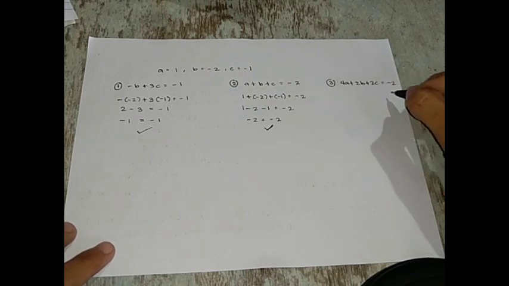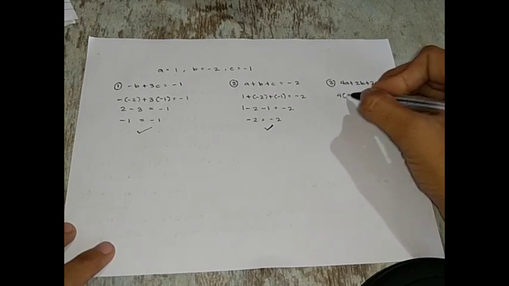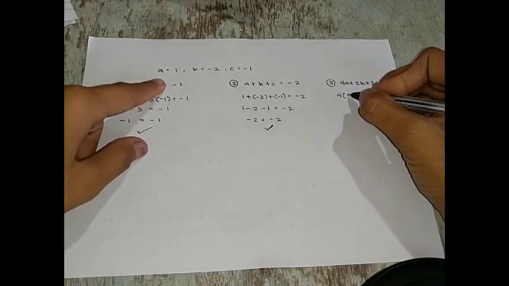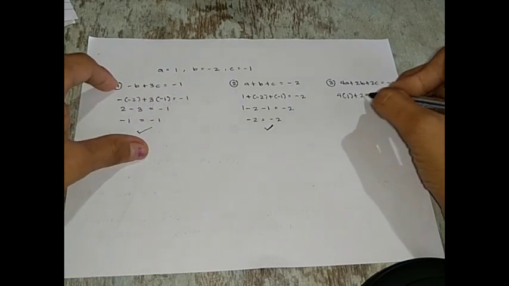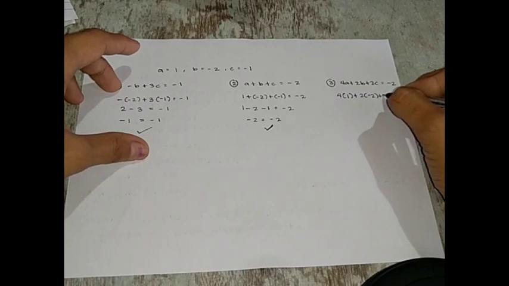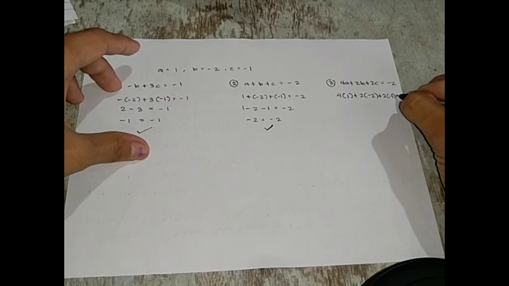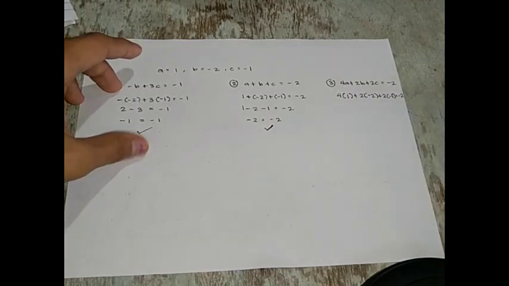The third equation from the third component is 4A plus 2B plus 2C is equal to negative 2. So 4 times 1 plus 2 times negative 2 plus 2 times negative 1 is equal to negative 2.